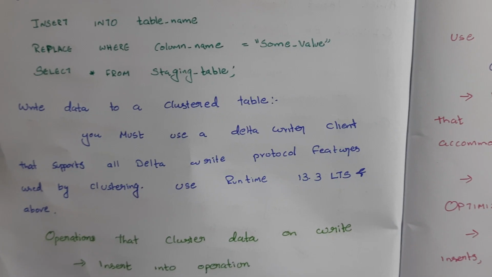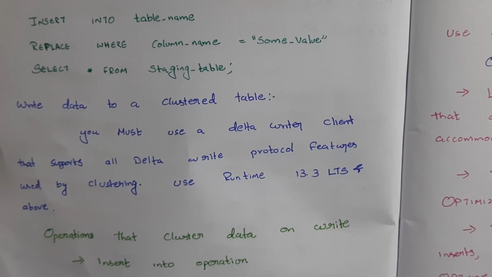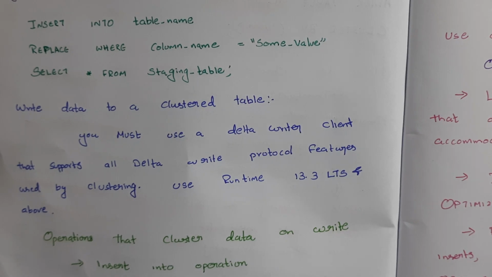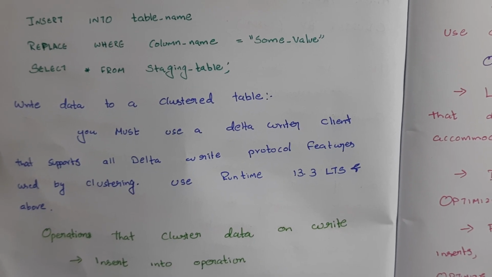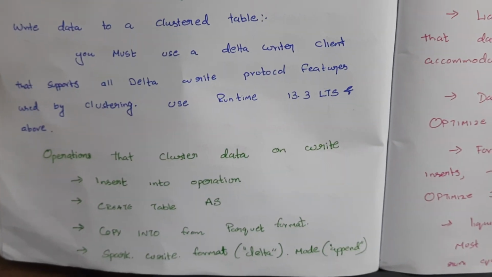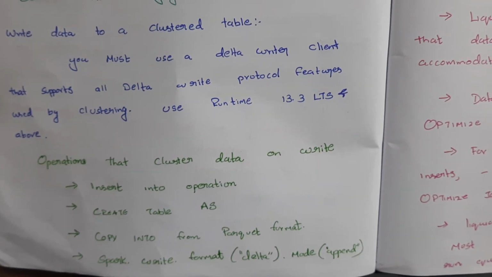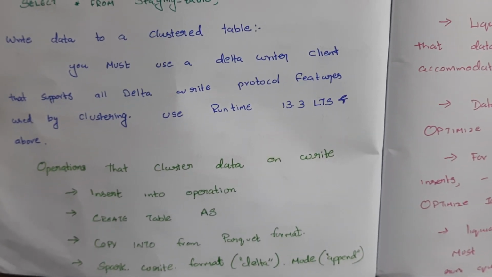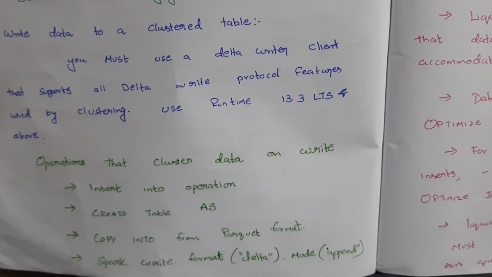To write data to a clustered table, you must use a Delta writer client that supports all Delta write protocol features for clustering, and you have to use runtime version 13.3 LTS and above. What are the write operations supported in the clustered table?